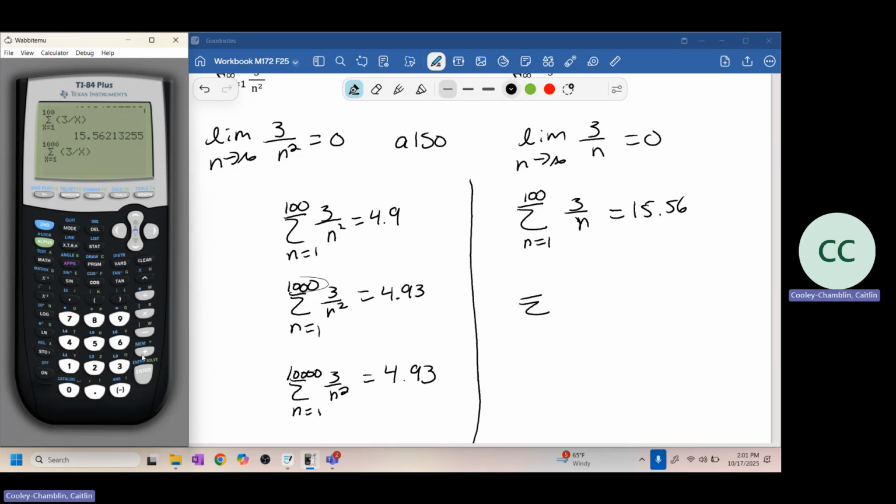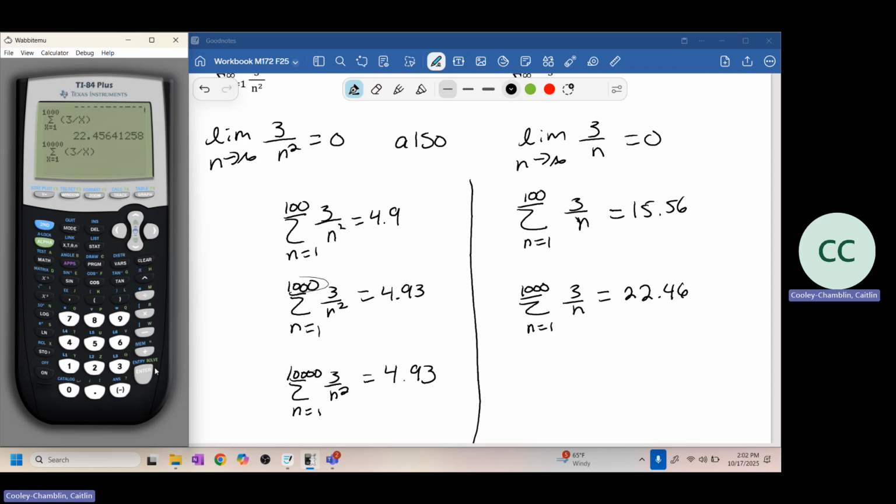So n equal 1 to 1,000 of 3 over n. Oh, we get 22.46. Now, let's go to 10,000. Again, your calculator is going to freeze. Just let it sit there.